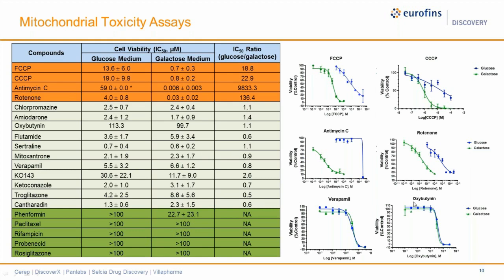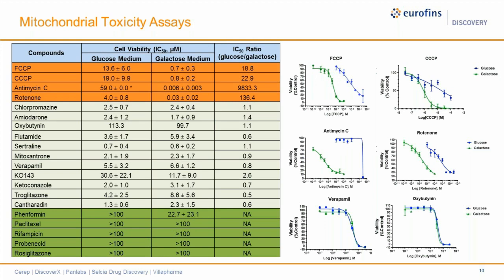We can see at the right-hand side of the slide the dramatic difference in the dose response curves from mitochondrial toxins. The green plots are the inhibition of cell viability from the cells cultured in galactose medium, and the blue plots are from the glucose medium.